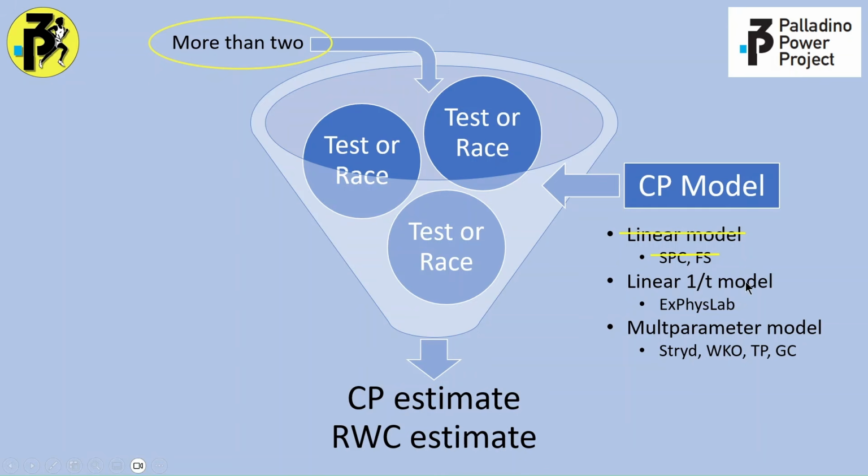For example, the linear 1/time model is going to produce a more valid set of estimates using more than 2 data points than will a linear model. It's a subtlety, but just be aware, if you have more than 2 data points, use this model or the multi-parameter power duration model at your hands.